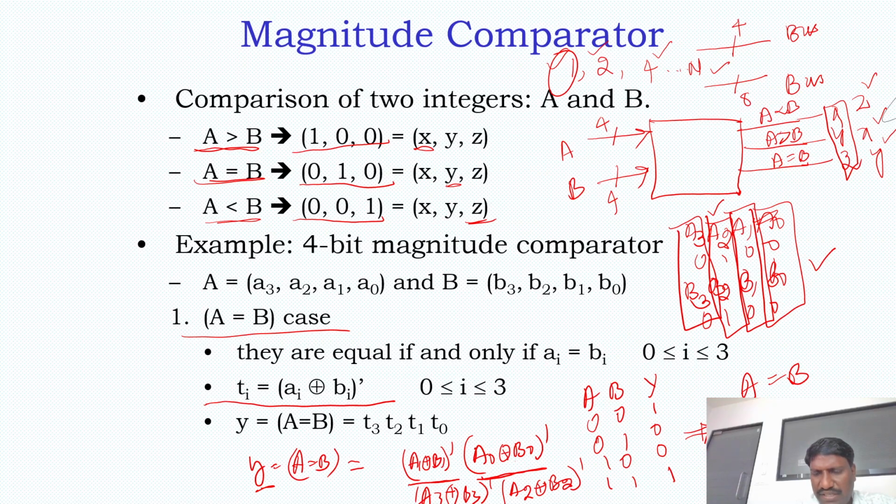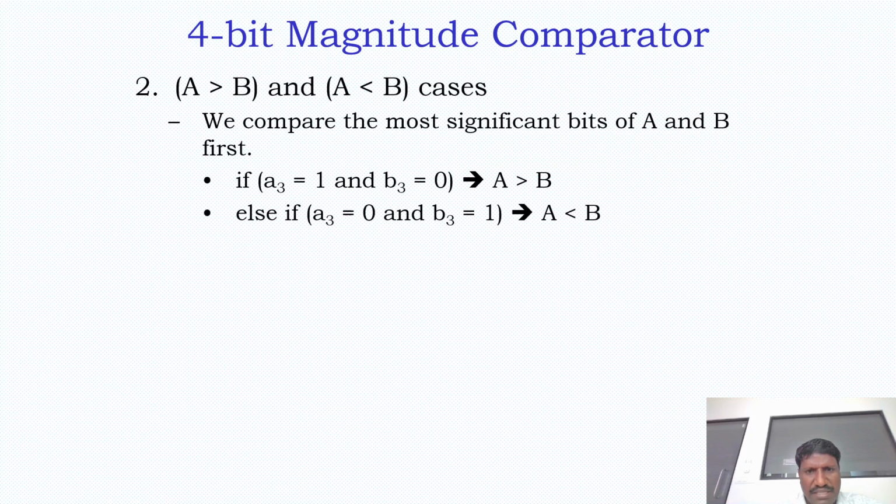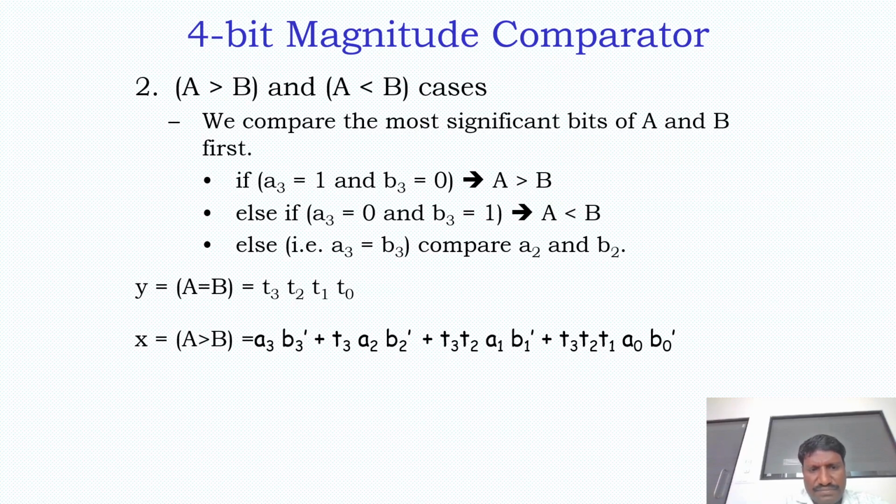We are trying to find a general expression for A equal to B, A less than B, and A greater than B. How we can do that is very simple: we will start from the higher order bits.